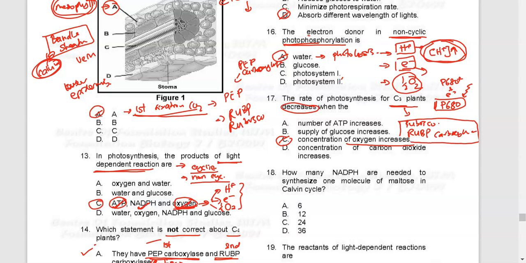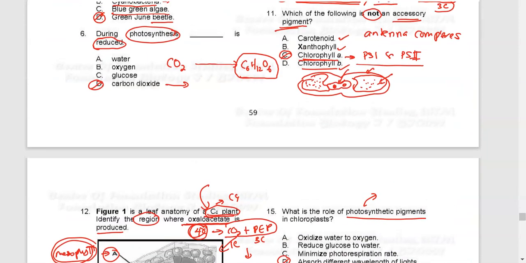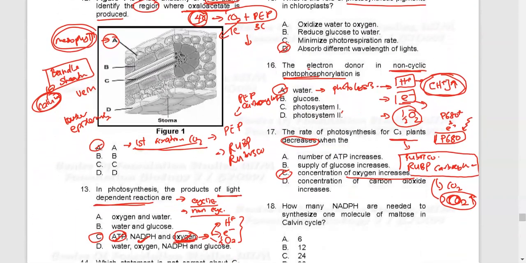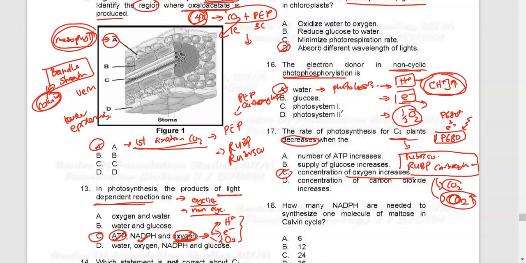This enzyme, Rubisco, can bind to both carbon dioxide and oxygen. If the concentration of oxygen in the leaf is high, the enzyme will prefer to bind to oxygen compared to carbon dioxide.